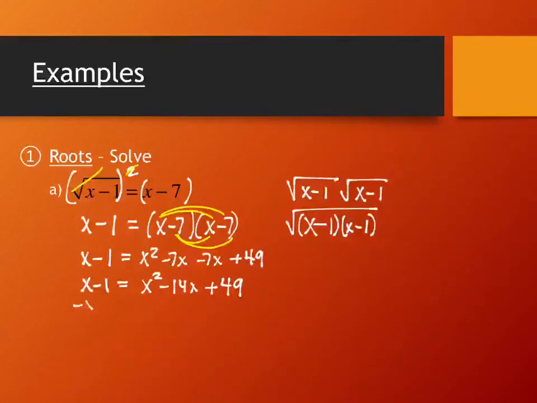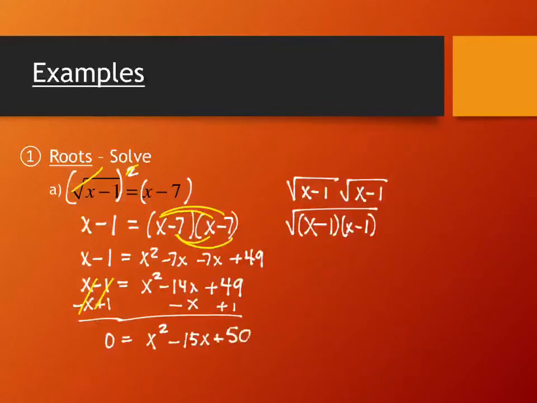So we're going to move the x from the left to the right. We're going to add the 1 from the left to the right. And in doing so, of course, the left-hand sides cancel out by design, leaving me with 0. On the right, I have x squared minus 15x plus 50.